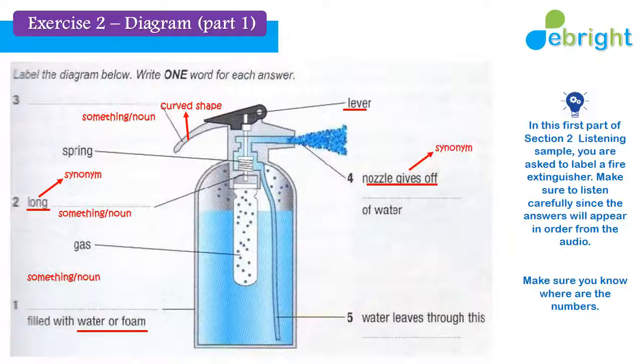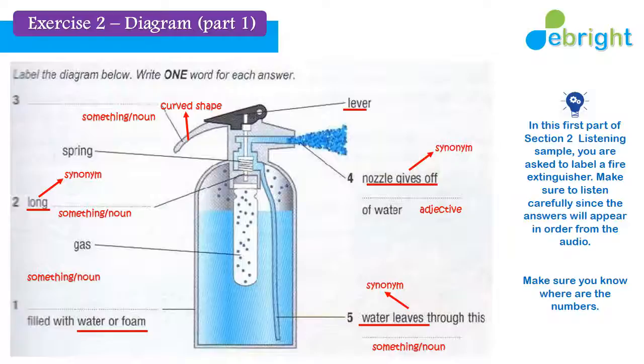And the last one for this part, number 5, the keyword water, lives. Number 4, we need an adjective. And then number 5, water leaves through this. So whenever you listen for the word water or the synonym of leaves, so what comes out, for example, produces, through this blank, you need something or a noun.